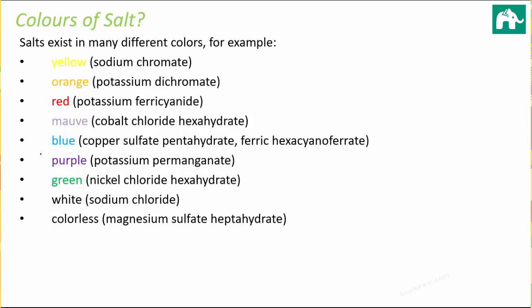These are examples of some salts with their respective colors, just to give you an idea that salts are not of any specific color. A lot of us just think about sodium chloride, that is common salt, which we use in our cooking and for eating purposes. So salt means it's always sodium chloride, but that's not the case. There are so many other types of salts which are available in so many different colors.